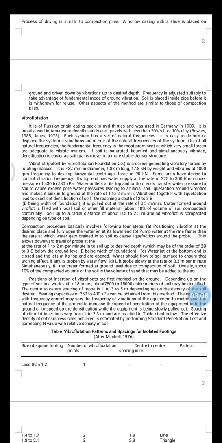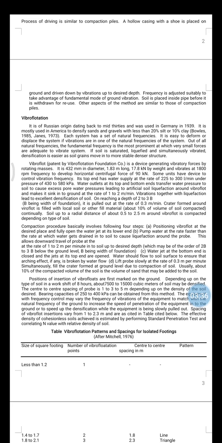Its top end has a water supply at the rate of 225 to 300 liters per minute under a pressure of 430 to 580 kPa. When you put this vibrofloat on the ground surface, first you start a water jet. The water jet has a water pressure.